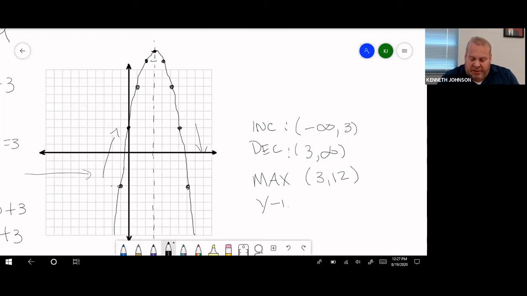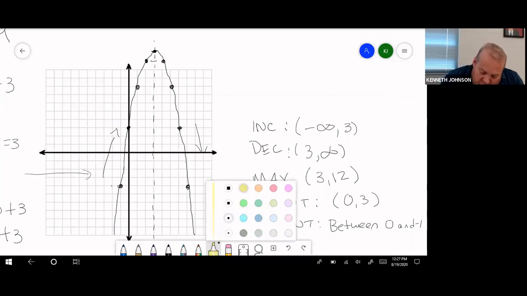If I asked for a y-intercept, I could say that there's a y-intercept at 0, 3. If it asked me for an x-intercept, well, that's a little harder, because it doesn't go through an exact thing. But I could say there is one between 0 and -1.